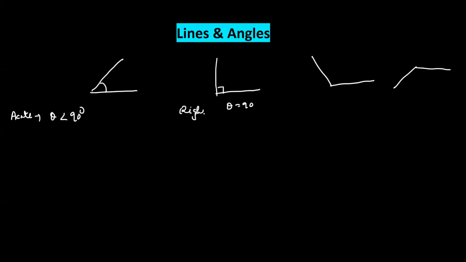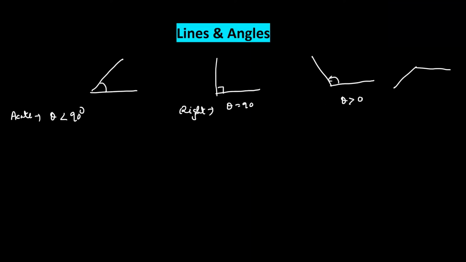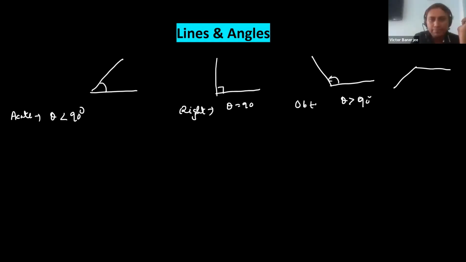And the angle which is more than 90 degree but less than 180, what is that called? Obtuse angle. And what is this angle called, more than 180 but less than 360? Anyone knows?